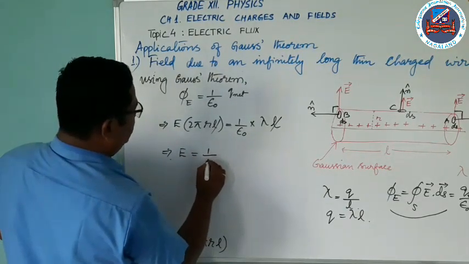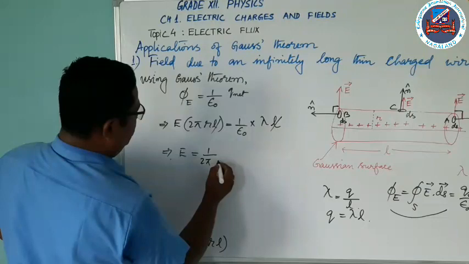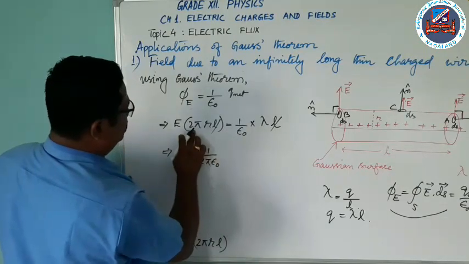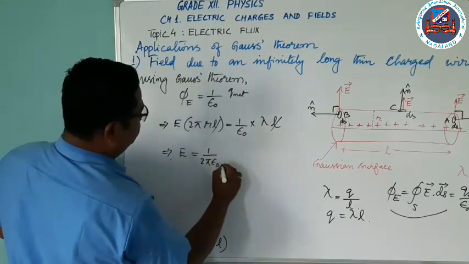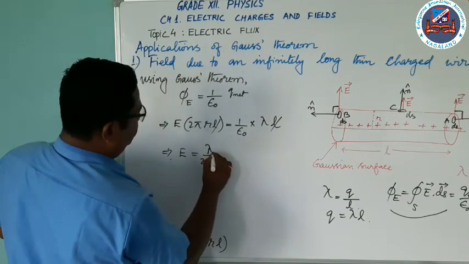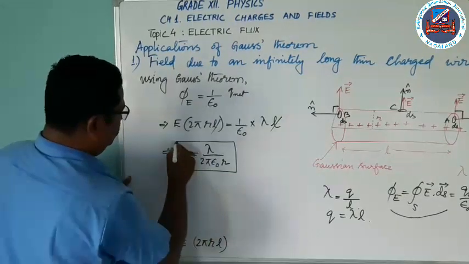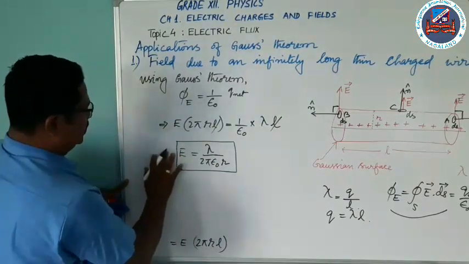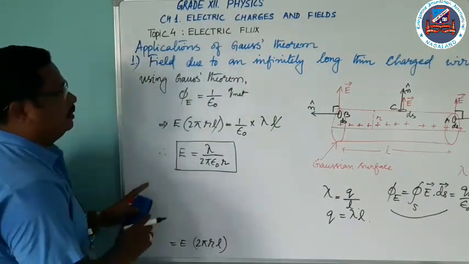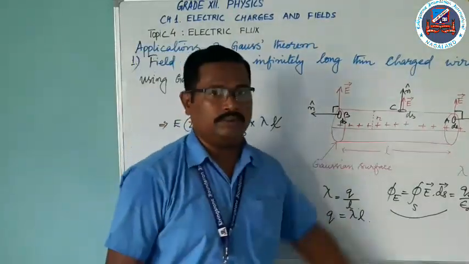It will be lambda on top, divided by 2 pi epsilon naught R. So this gives us the expression for the electric field intensity due to a long thin charged wire.